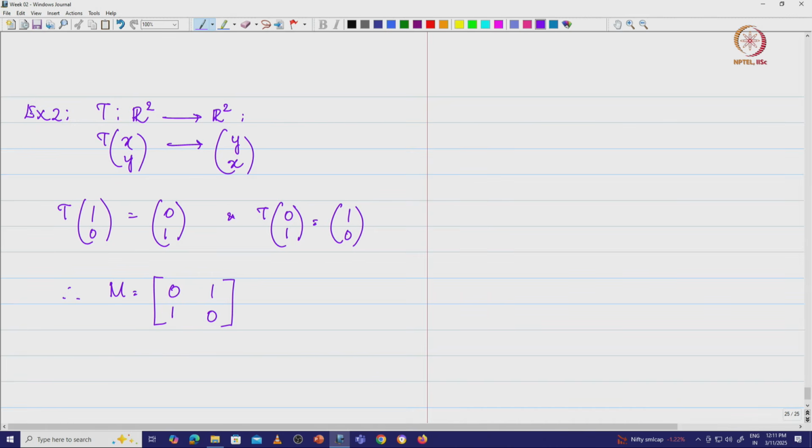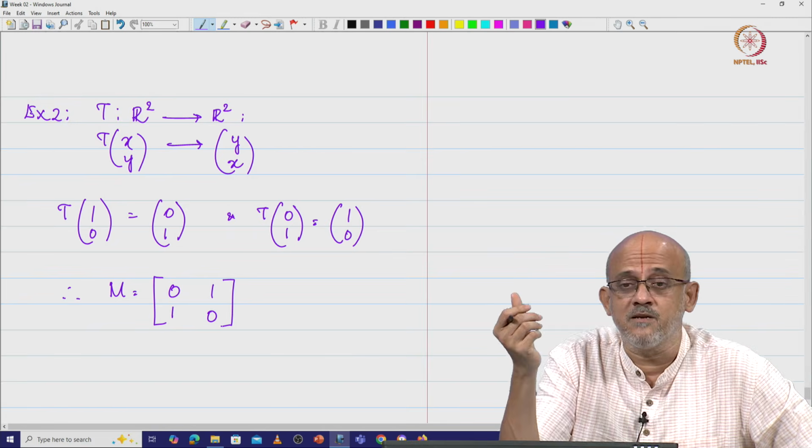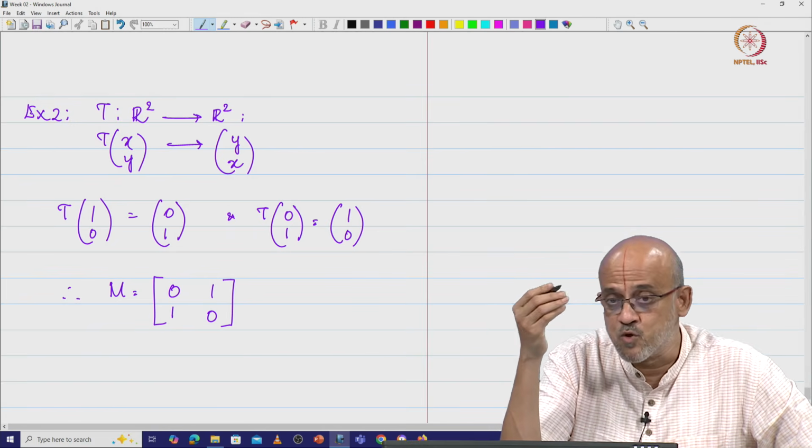This is pretty interesting. What does this matrix do? It is basically going to swap the two components of a two-component vector, and that is one of the operations that we actually do in elementary row transformations. We do a row swap.